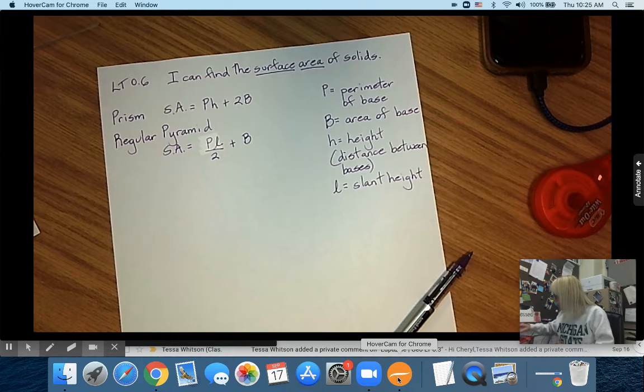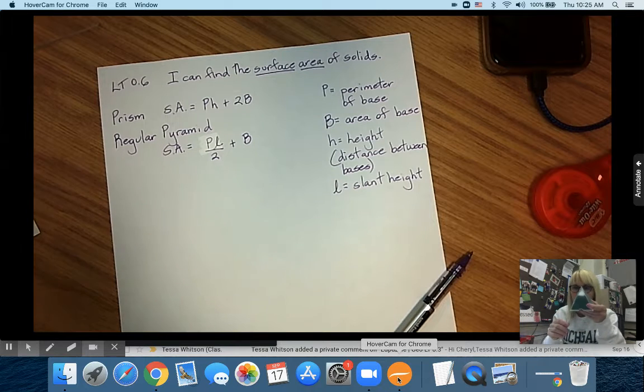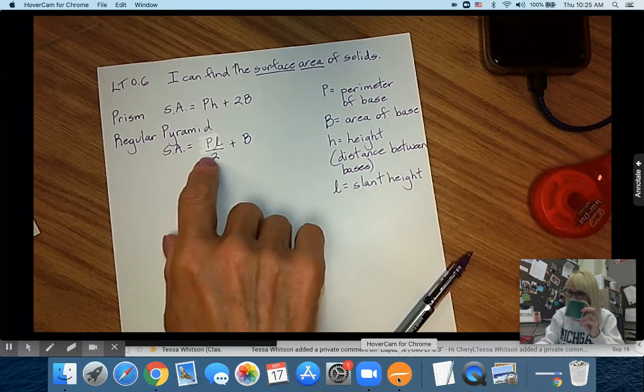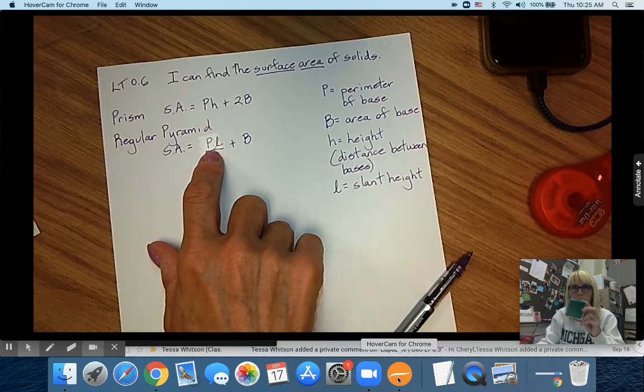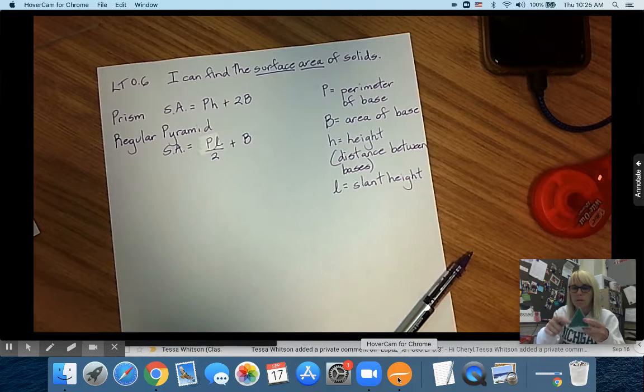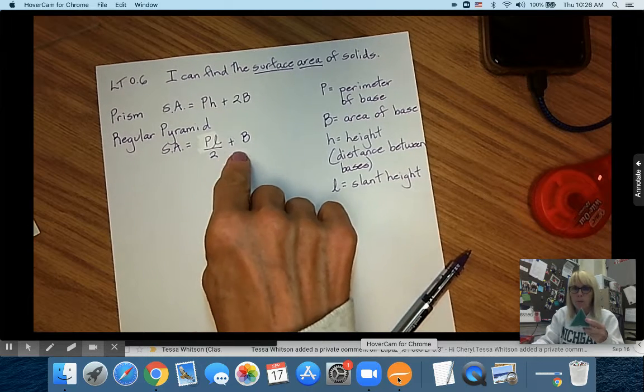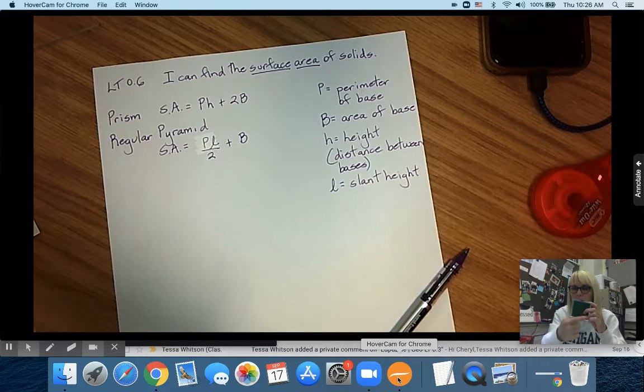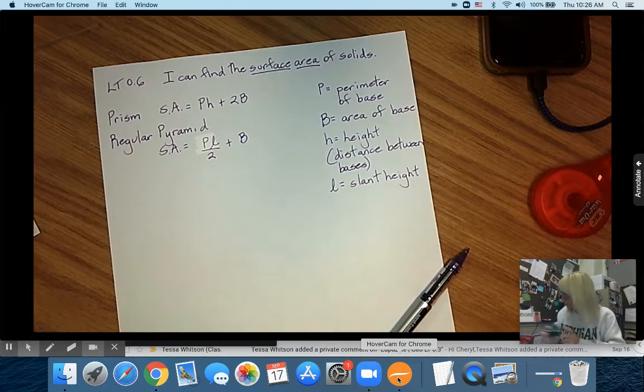So let's look at a rectangular pyramid. The shape of the base is a rectangle. So we would find the perimeter of the rectangle for capital P times the slant height, which is this length, divide that by 2, and then we would add on the area of the base. That is an example of a regular pyramid.